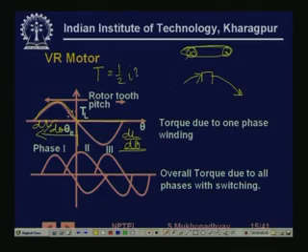The torque is half I square dL by d theta. So, you see that the torque and dL by d theta actually change. dL by d theta is positive, but it is not constant. It first starts increasing slowly, then it increases at a high rate, then it falls.